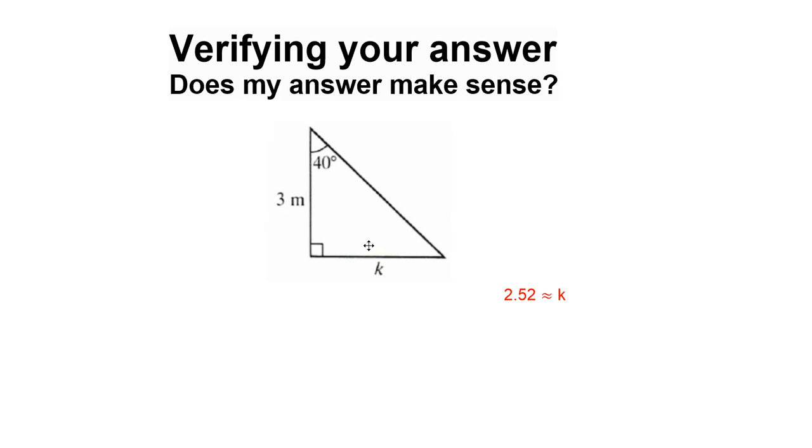So doesn't it make sense that your two answers are pretty close, but yet the side across from the 40 degrees is smaller than the side 3, which would be across from the 50 degrees. So again, it gives you that sense. Notice that it's kind of close to being 45, 45. Notice again that the numbers are pretty close numerically. So anyway, it's always important to verify your answer when you do this, just to make sure that you didn't make any mistakes.